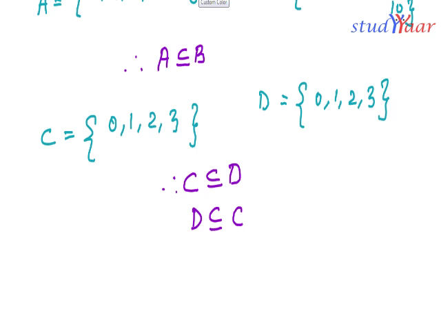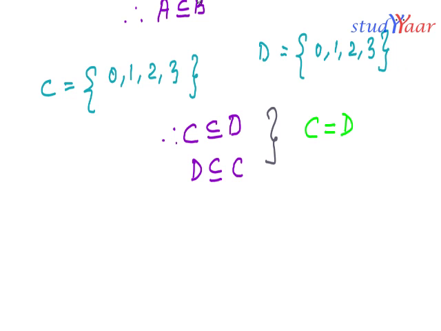And when we have such a scenario, when this is true, we say that C is equal to D. This is known as set equality.